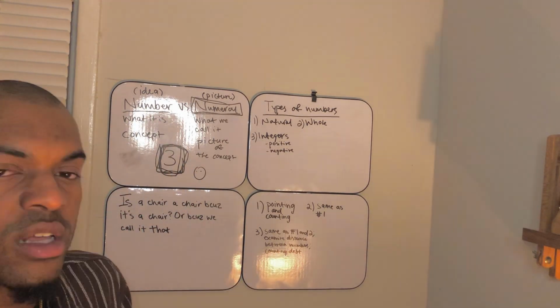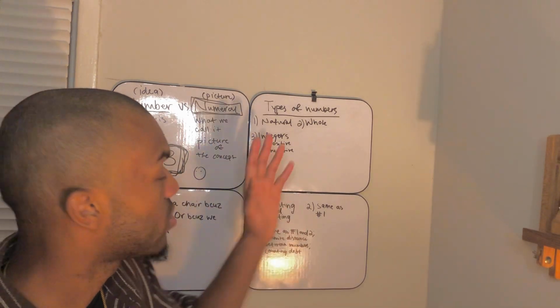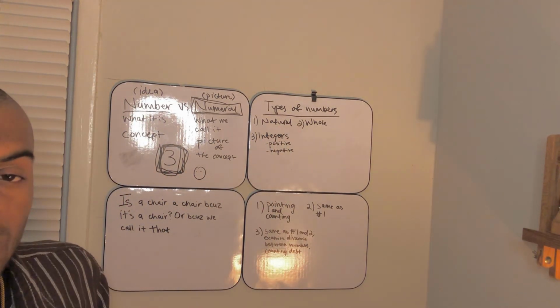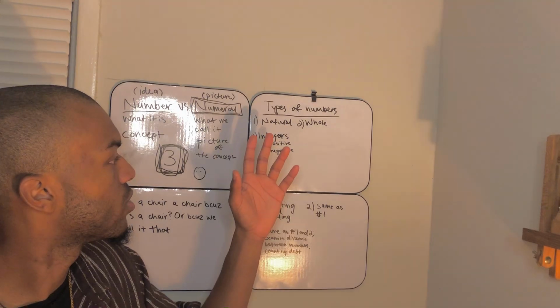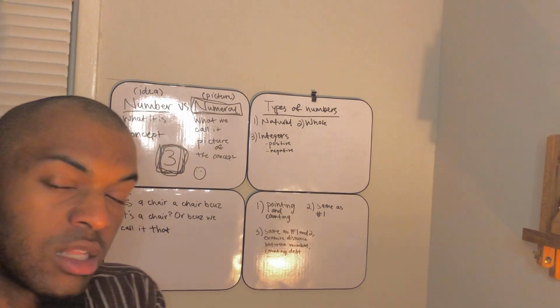This is where negative integers come into play. These are the basic types of numbers that you're going to hear about in your algebra.